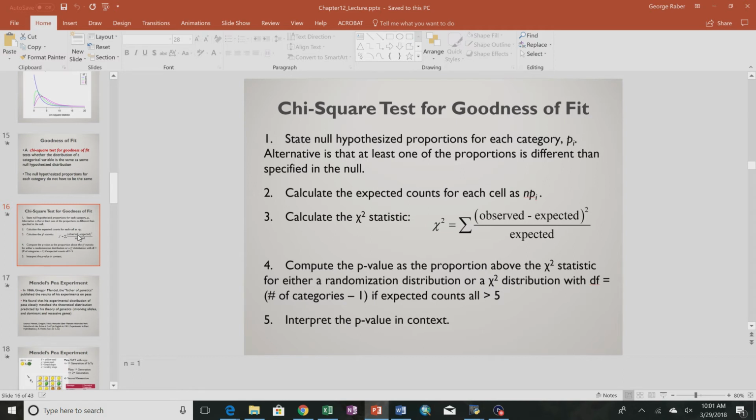So this is the general form here. The null hypothesis for each category is that they match the proportions. The alternative is at least one of the proportions is different than specified in the null. All right, then you calculate the expected counts, and calculate the chi-square statistic. This is the general form. It's always this one. You've got it in the book.